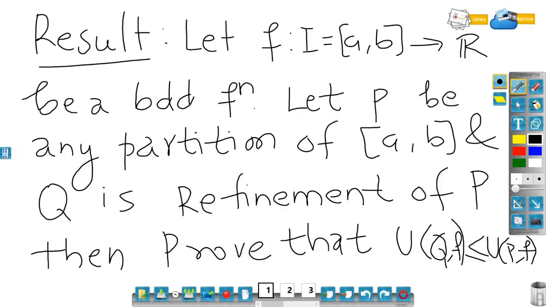Okay, this is my target. So let's prove this theorem.